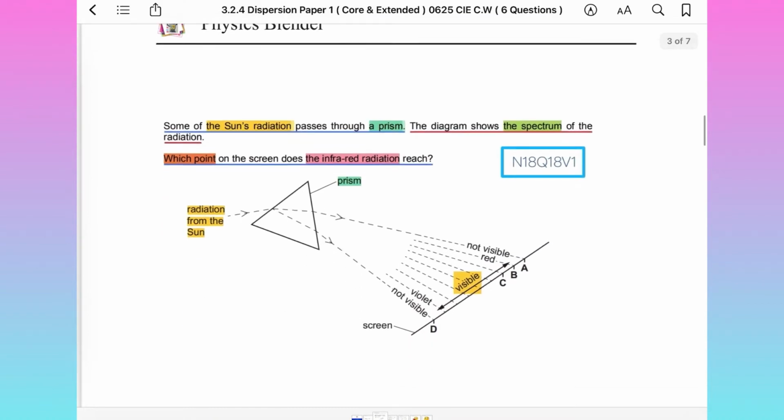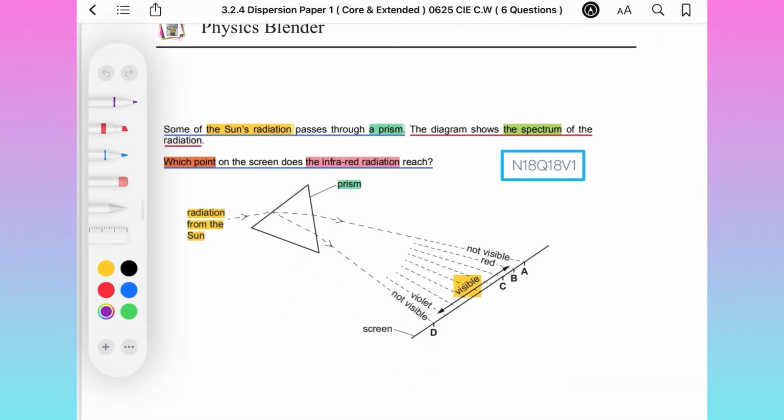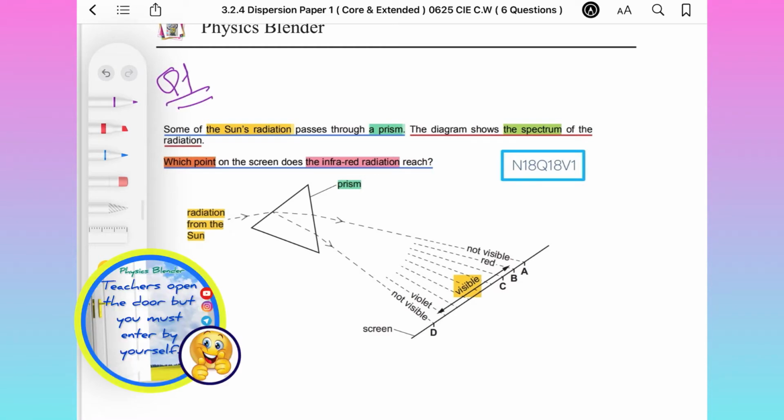Okay, let's start by question 1. Question 1 is asking you about which point on the screen does the infrared radiation reach.